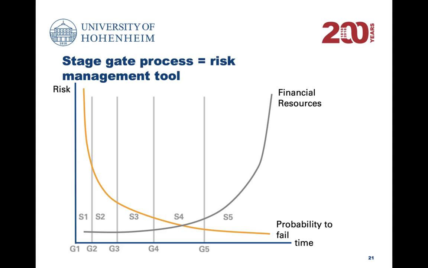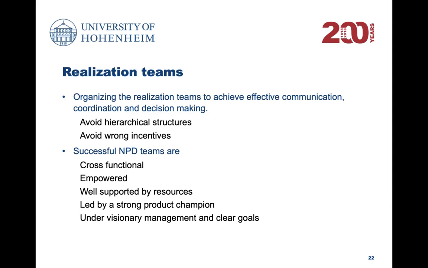Now we have said we need this process, we need a structured process, and we need 2 teams. We need a realization team, and we need a review team, or a review board. The realization team are the ones who are working in the stages.